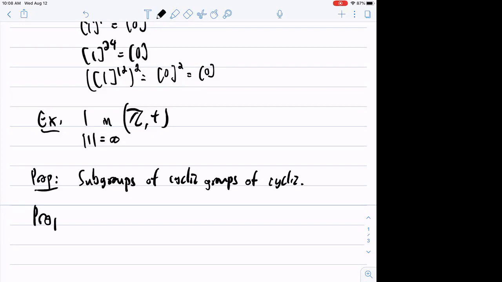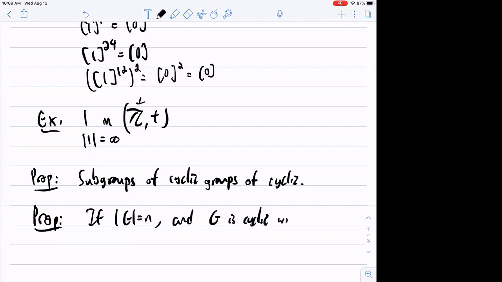But the more important property is if the order of G is n. I mean, n is just an arbitrary number, right? In other words, the group is finite, yeah? It's not infinite like the integers here, right? And G is cyclic.